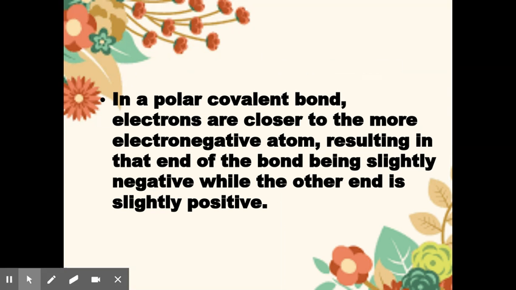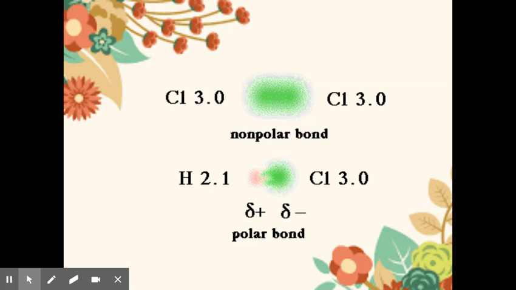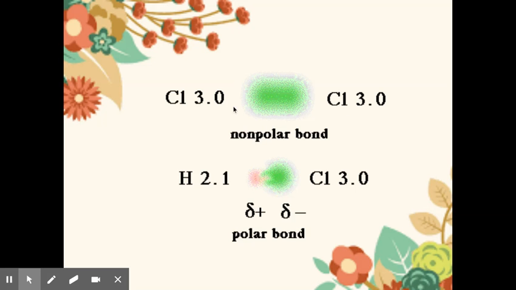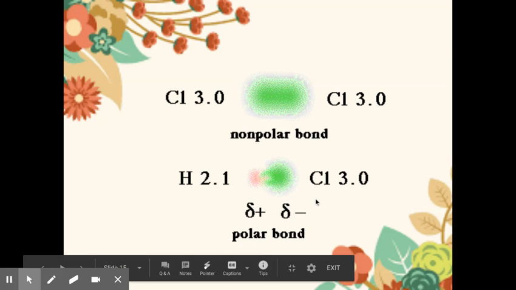In a polar covalent bond, the electrons are pulled closer to the atom that has a higher electronegativity. We can see here the difference between two chlorine atoms, each having an electronegativity of 3, would be 0. So it would be a nonpolar bond. They're going to share those electrons evenly. Here, with a difference of 0.9, chlorine has a higher electronegativity, so it's going to have the negative end of the pole.